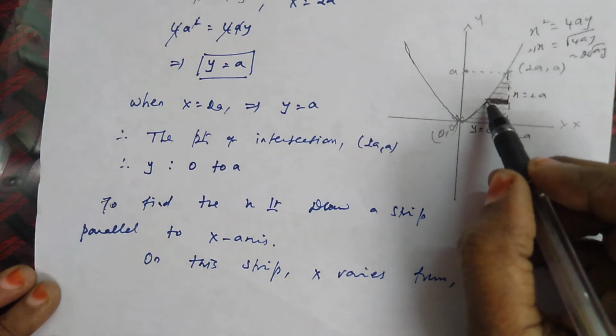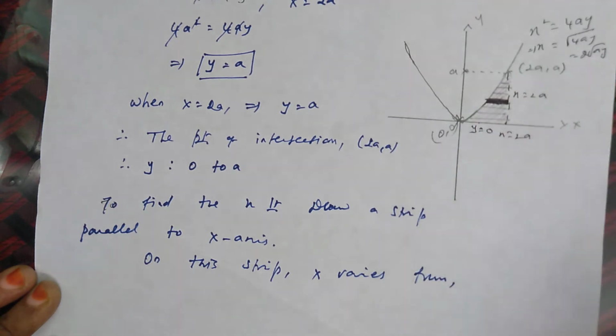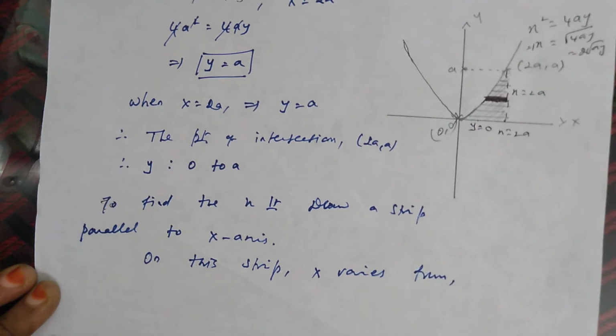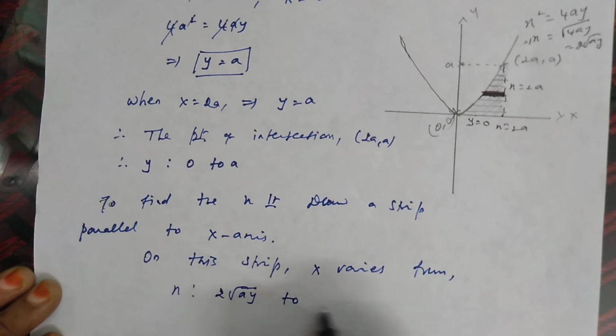So the strip starts from x is equal to 2 root ay to x is equal to 2a. So x varies from 2 root ay to 2a.